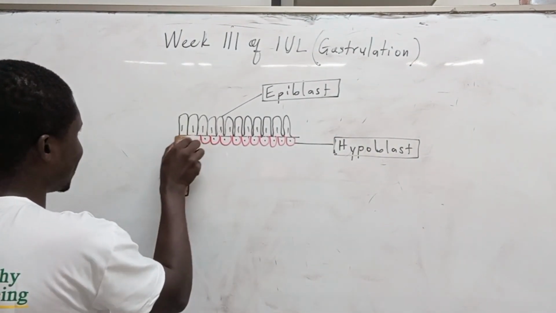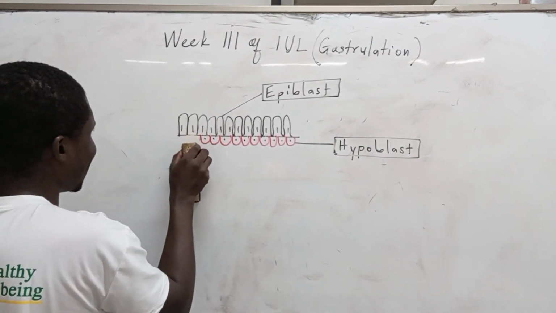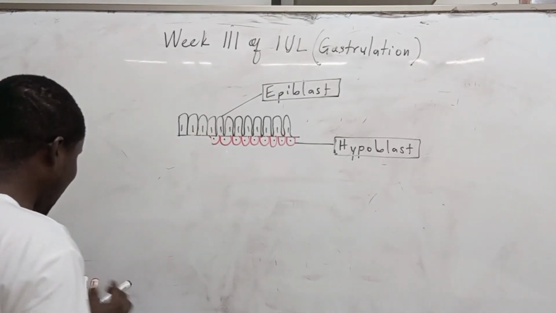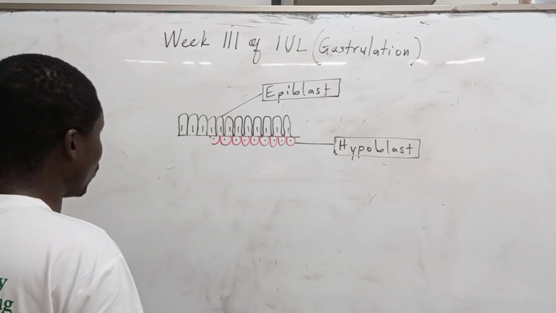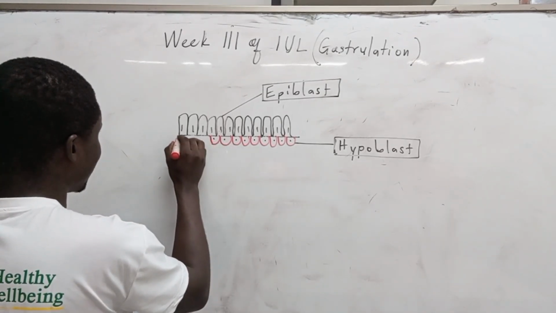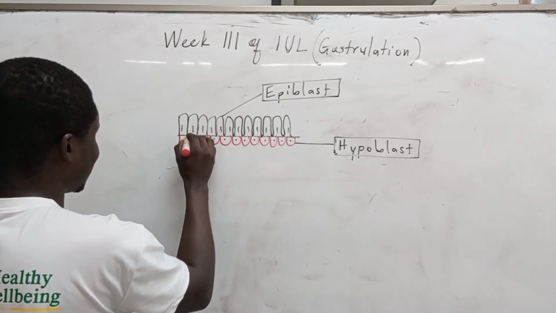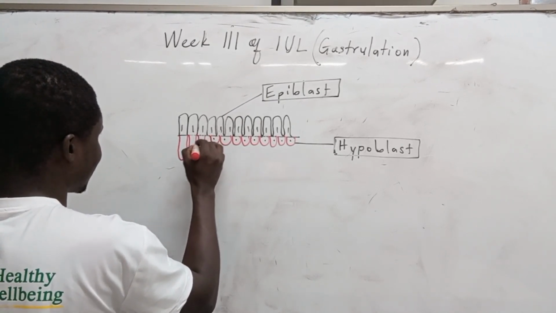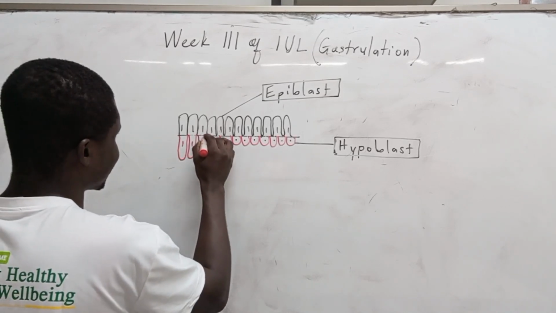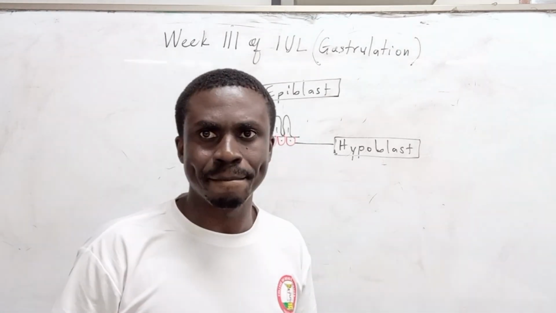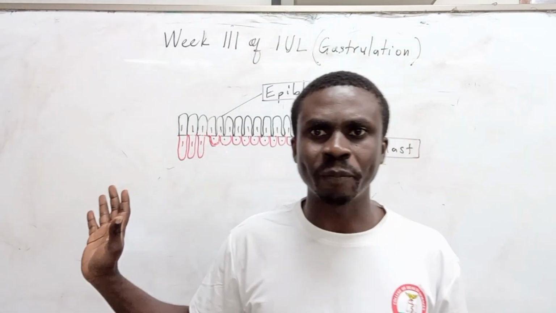So at one end of the embryo, some of the cells of the hypoblast become elongated, and you may see something like this.